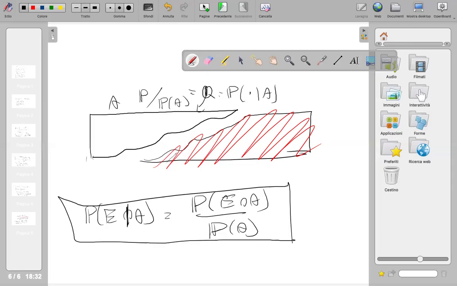Now we can use the definition of uniform probability to see that this is equal to the number of elements of B intersected A divided by the number of elements of omega. The denominator is equal to the number of elements of A divided by the number of elements of omega. Now, the number of elements of omega simplifies.